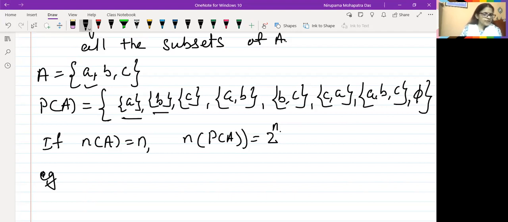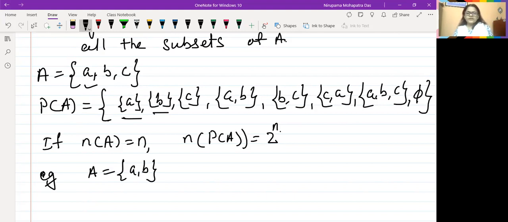In question number 4, though we have taken most of the questions, suppose you have A = {a, b}. The question is find all subsets of A.